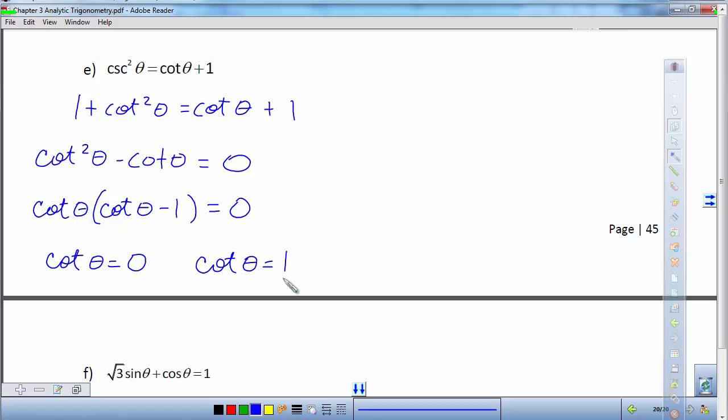Where is cotangent equal to 0? Yes, very good. What I was thinking about was, well, cotangent is cosine over sine, right? So cotangent is going to be equal to 0 when cosine is equal to 0. Cosine is equal to 0 at pi over 2 and 3 pi over 2. Then where is cotangent theta equal to 1?